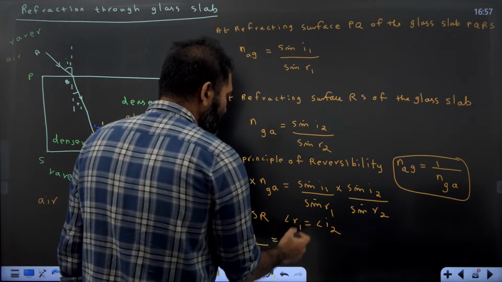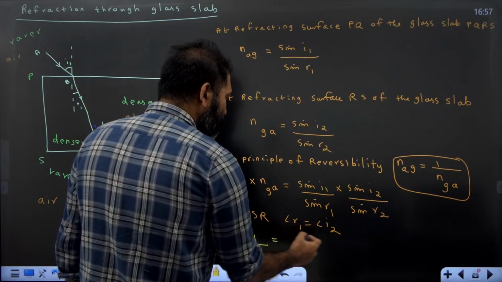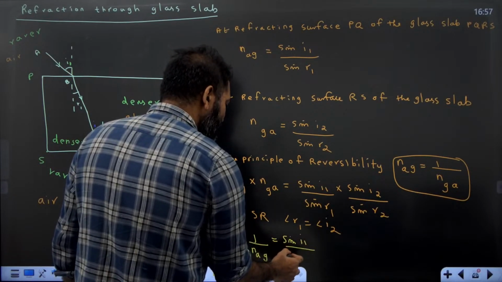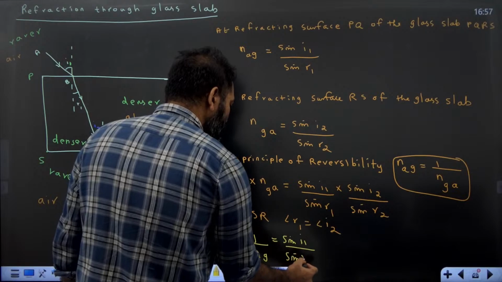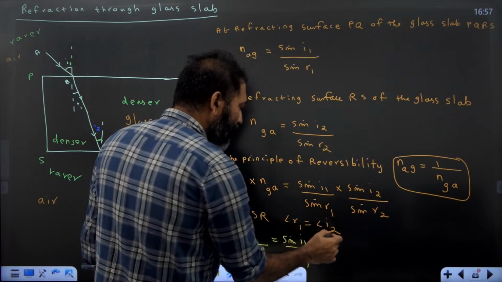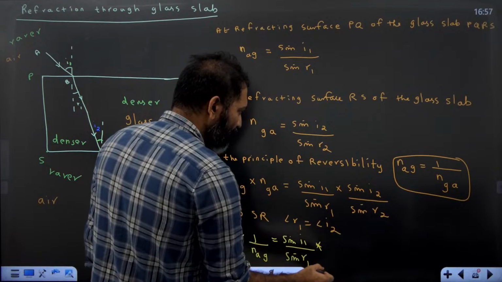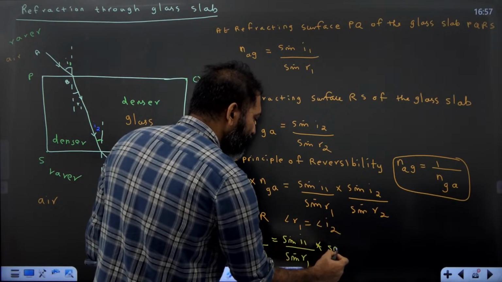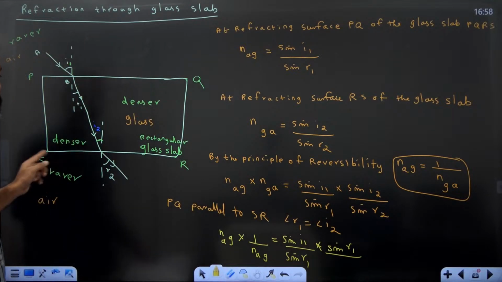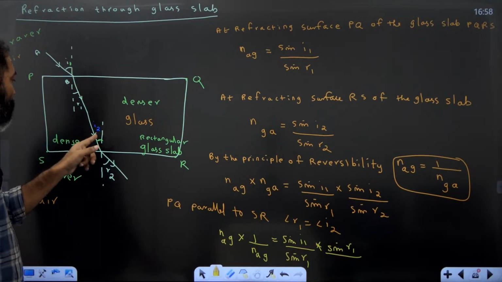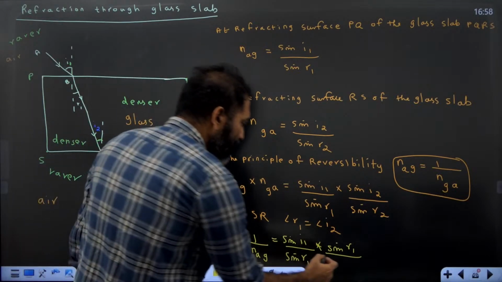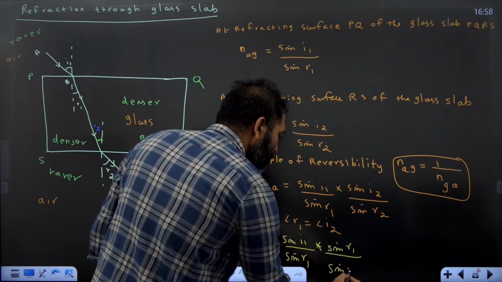Since angle R1 and angle I2 are equal, instead of sin I2, I can write sin R1 only, because these are two parallel lines. So I can write sin I1 by sin R1 into sin R1 by sin R2.